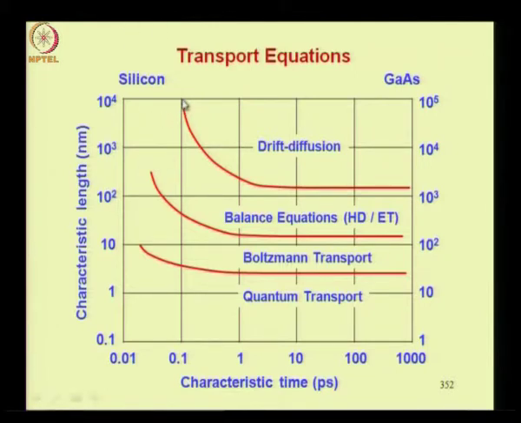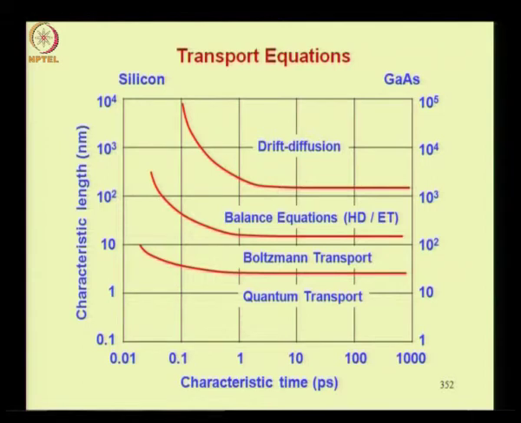Let us take this boundary here, the vertical line here. You see that this corresponds to a characteristic time of 0.1 picosecond, the boundary between drift diffusion and balance equations. 0.1 picoseconds is the value of momentum relaxation time. So once your signal changes very rapidly over this time scale, the drift diffusion formula is no more valid.